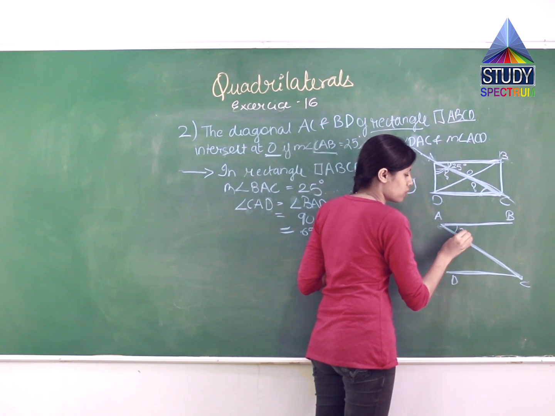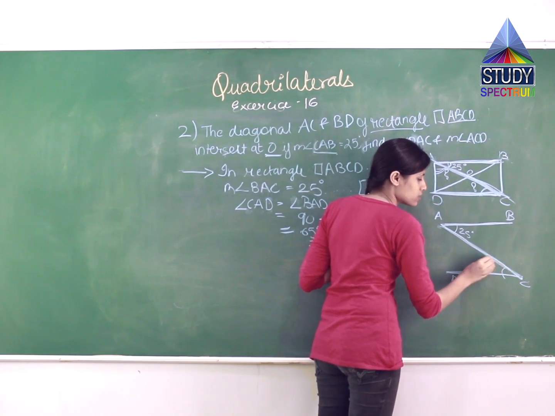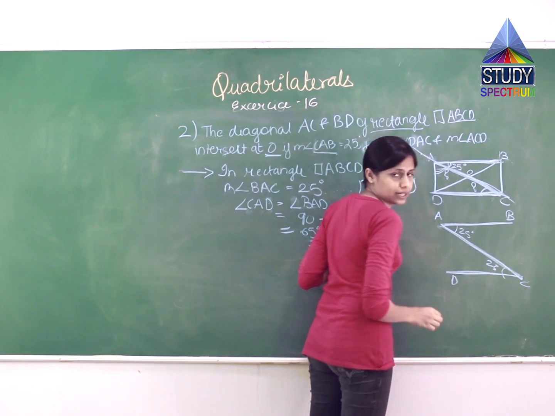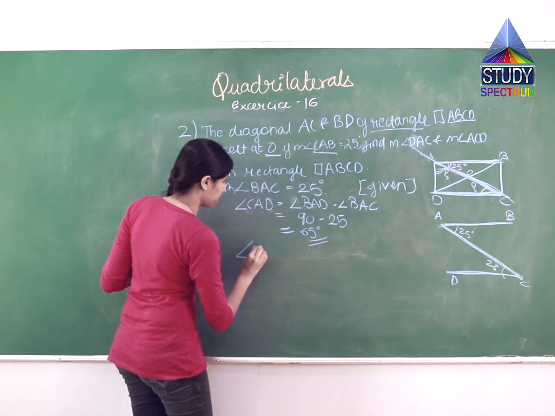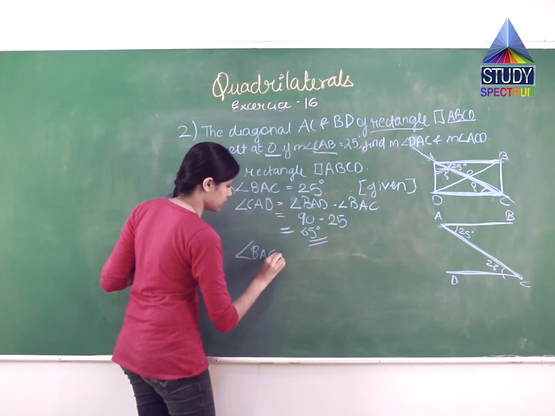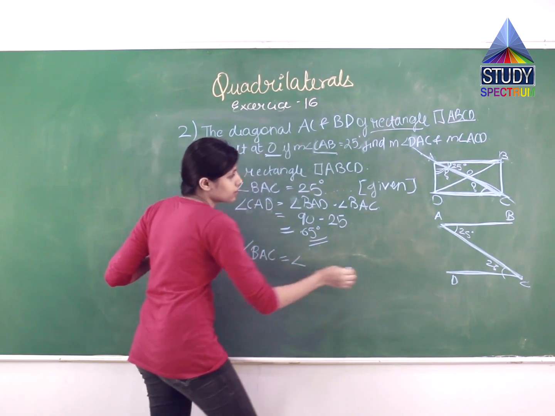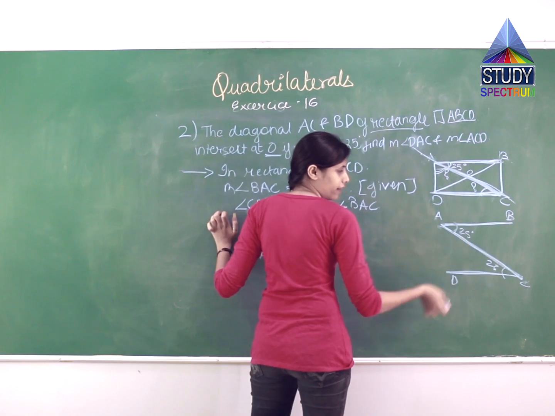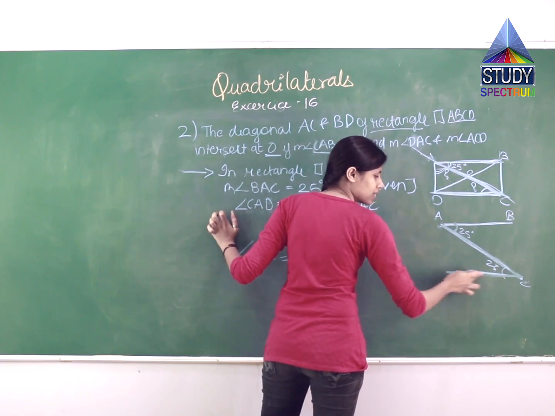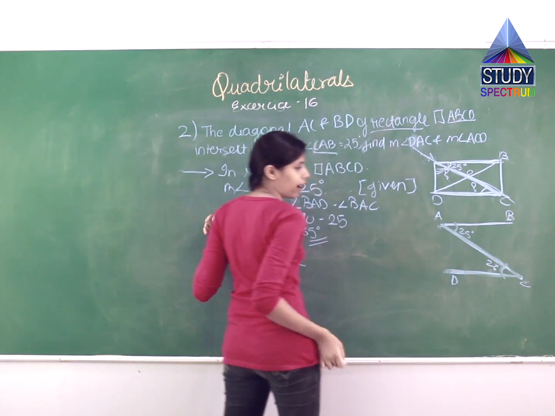So if this is 25 degree, this also has to be 25 degree. Given in the question, angle BAC, see this is B, this is A, this is C, is 25 degree, then angle ACD will also be 25 degree.